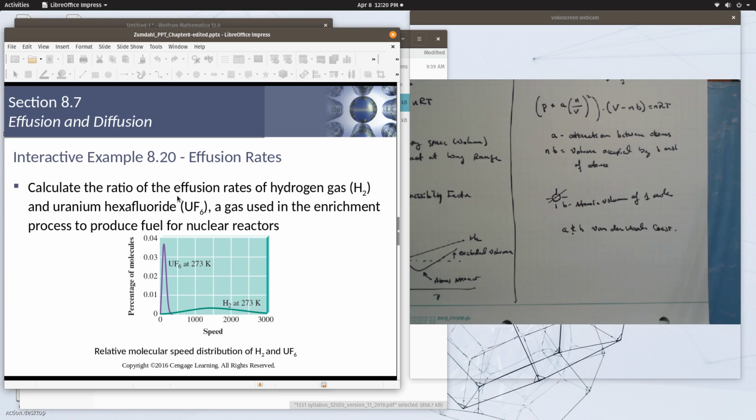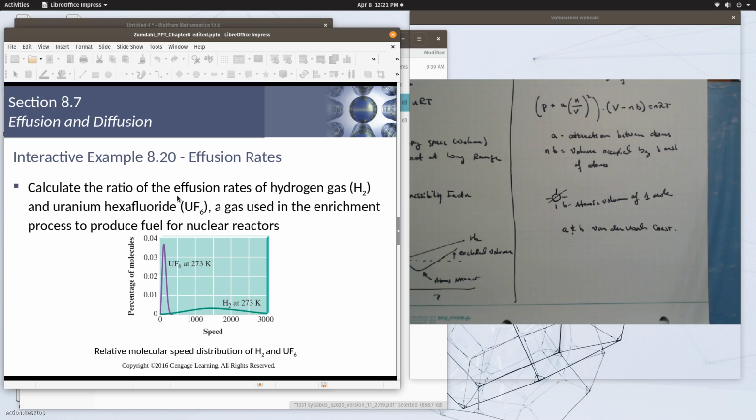This was used originally, and maybe you follow the news, in the way that you separate uranium to purify it by isotope is to look at the effusion rate of uranium hexafluoride and then separate things by mass.